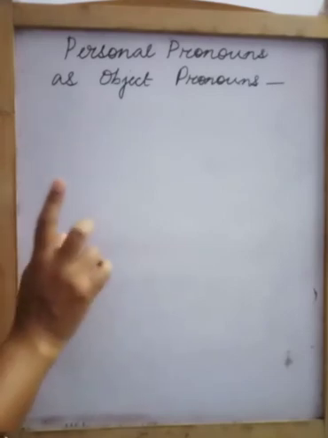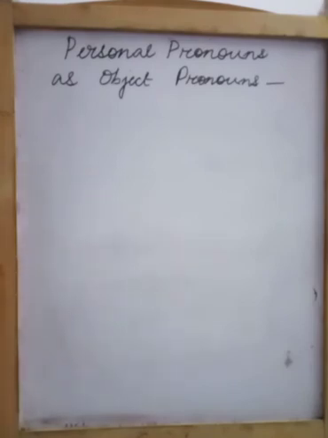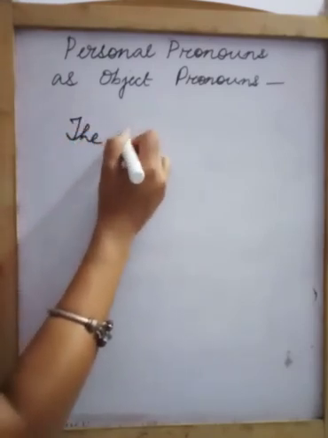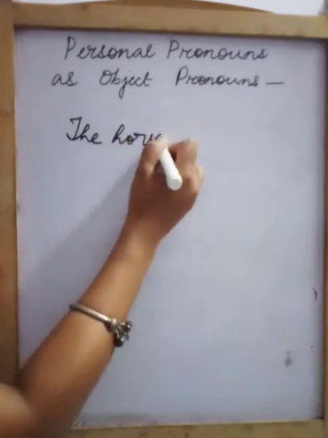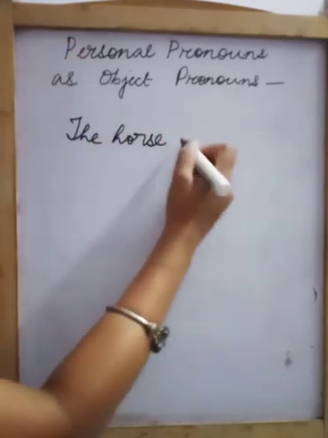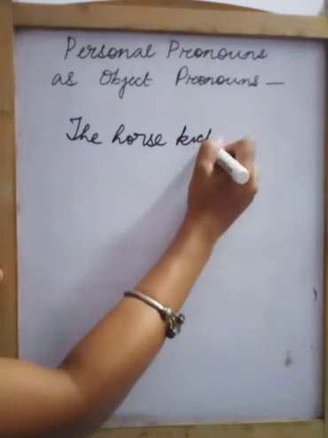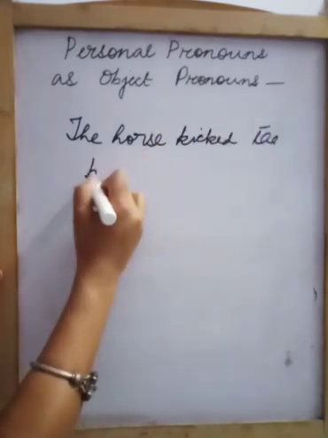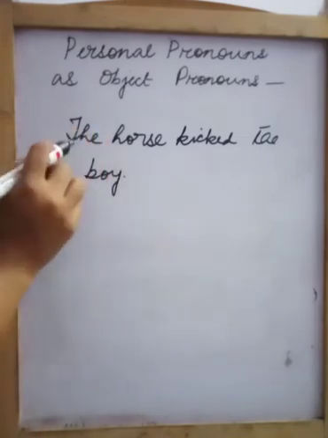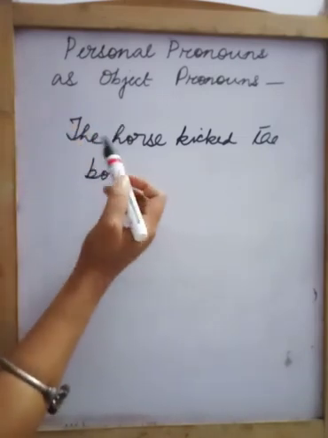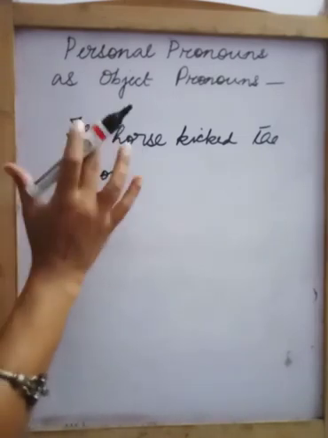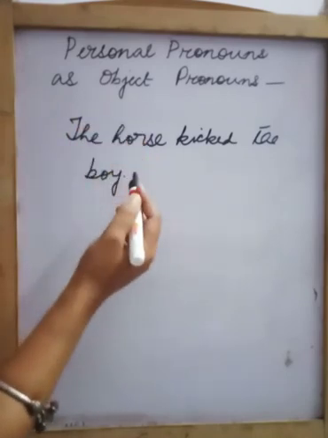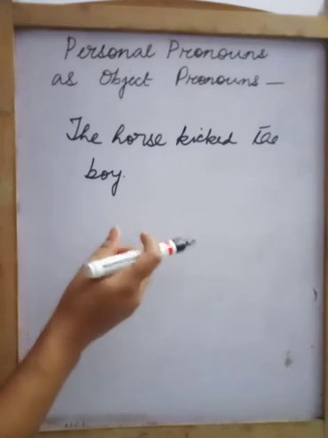Remember I had given an example when we were doing noun cases: the horse kicked the boy. So first you identify which is the subject, who is doing the action, the person or the animal or the thing that is doing the action is the subject.